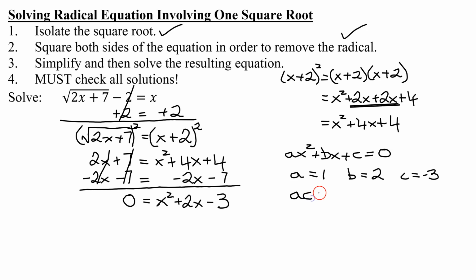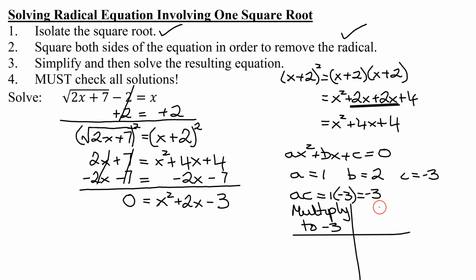Multiply A times C. 1 times -3 is -3. So I need two numbers that multiply to -3, and they're going to add to B, which is +2.